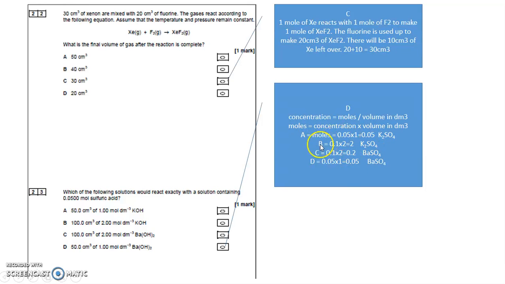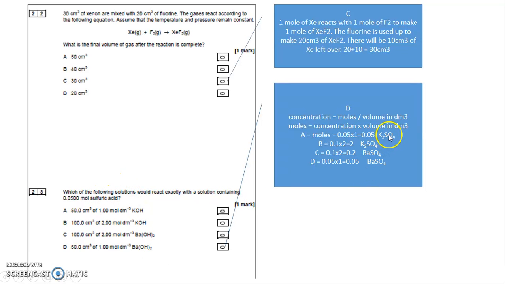So I could be looking at either A or D as a start. I need to know which one of these, barium hydroxide or potassium hydroxide, reacts in the ratio 1 mole of this to 1 mole of sulfuric acid.